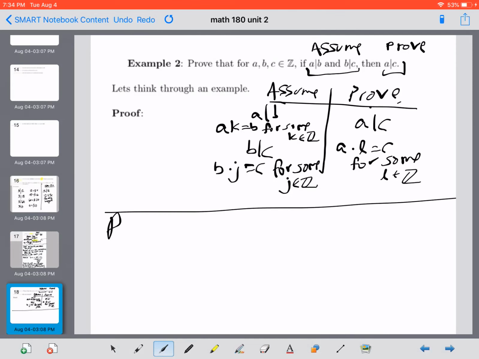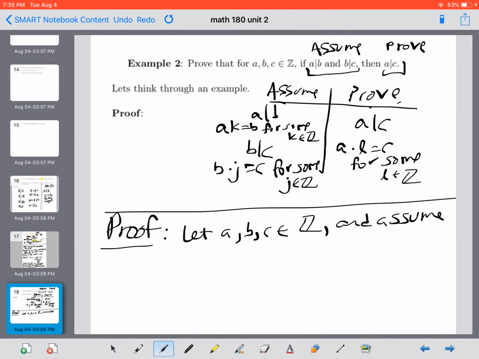Now let's go ahead and try to prove it. We start with our assumption, so let A, B, and C be integers. A, B, and C are in the set of integers, and assume the hypothesis. Right, in a direct proof, you assume the hypothesis and prove the conclusion.